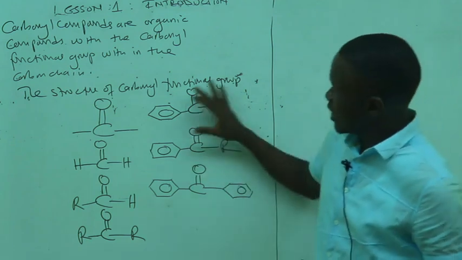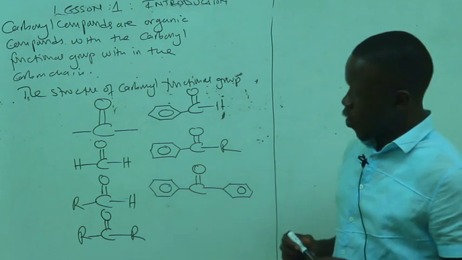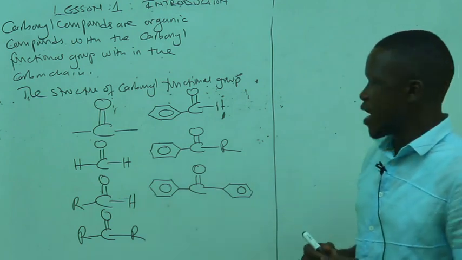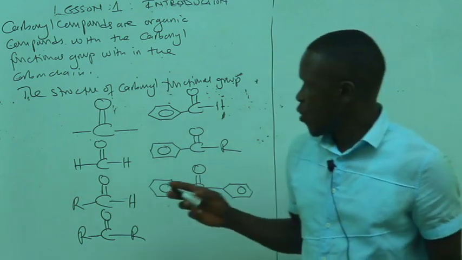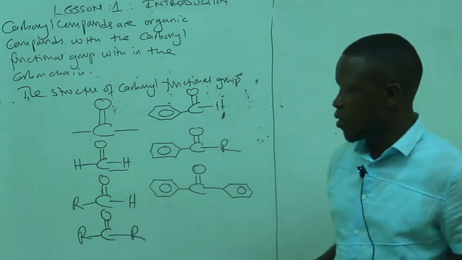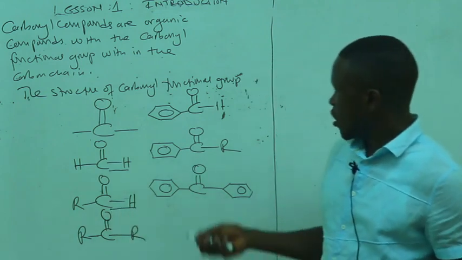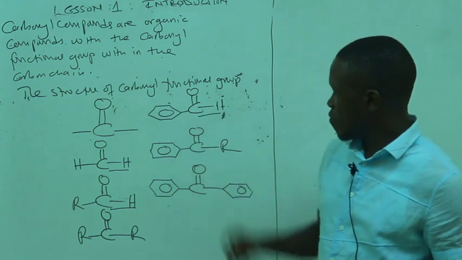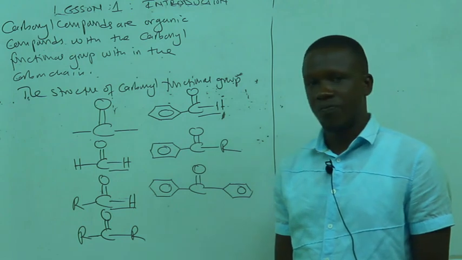However, as we look at the structures of these compounds, we can see one or two things happening here. We have compounds where on one side there is an H bonded directly to the carbonyl functional group. That's one class.